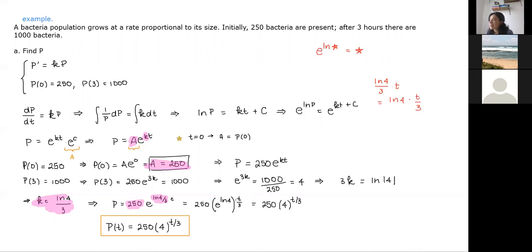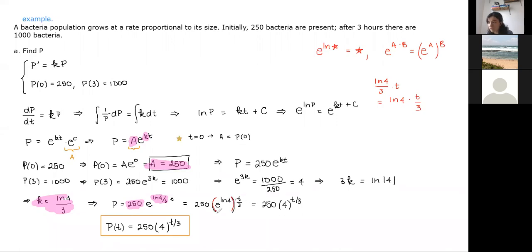But I can then also use the fact that e to the power of a times b is equal to e to the power of a, the whole thing to the power of b, right? And what that allows me to do is now separate e to the power of ln of 4 from everything else, right?